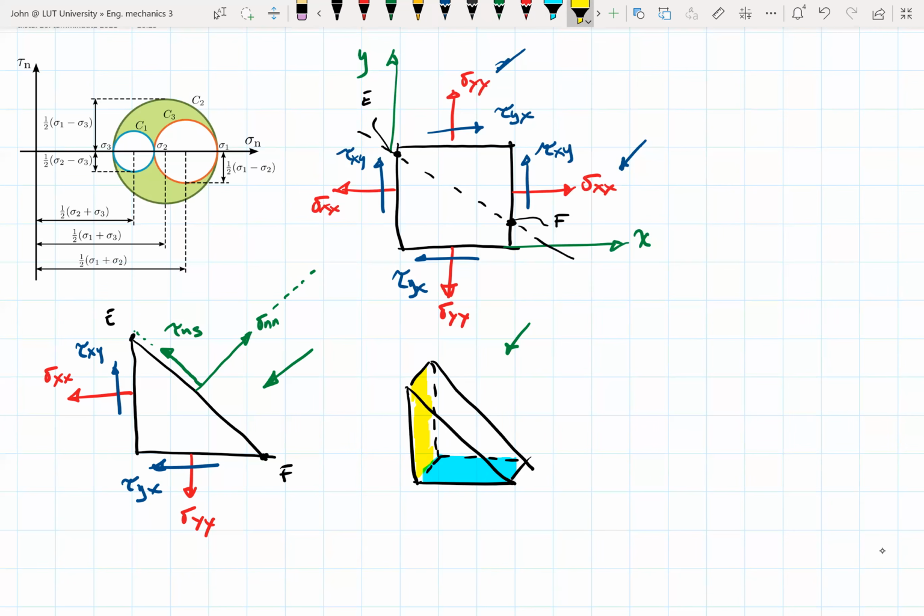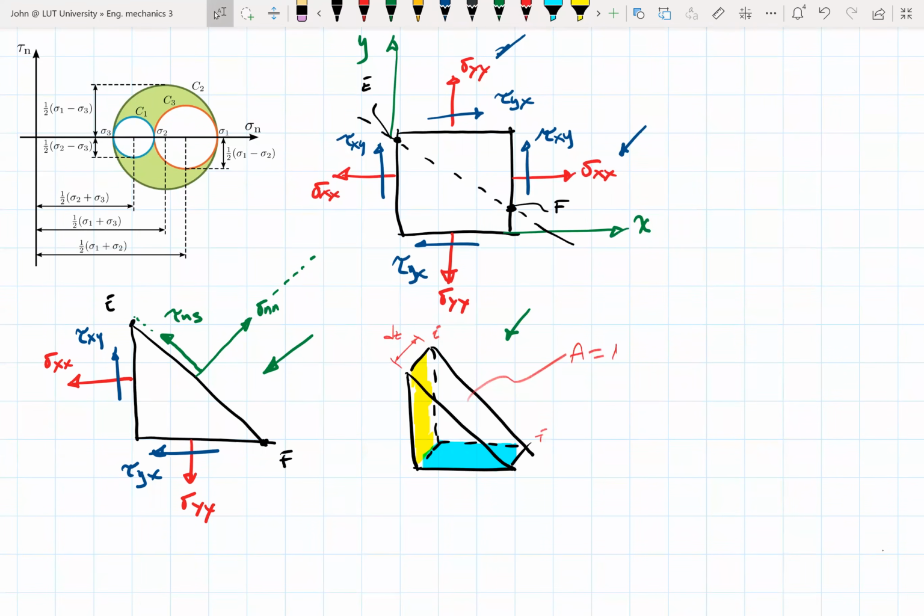Now, what's the value of those areas? Even though these have a certain depth, we'll call it dz, you could say that the new area created by the points EF, that line, for these purposes is going to be equal to 1.